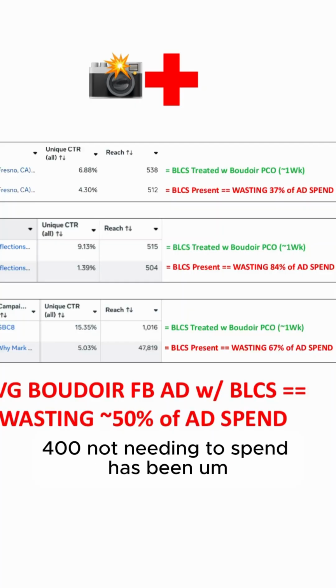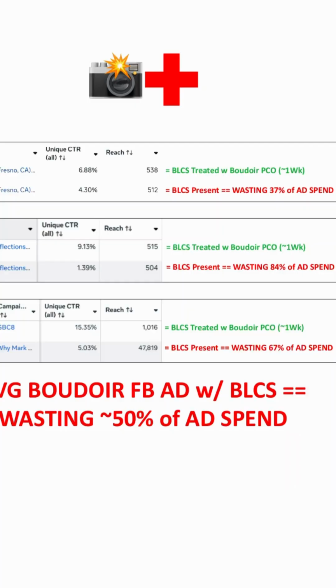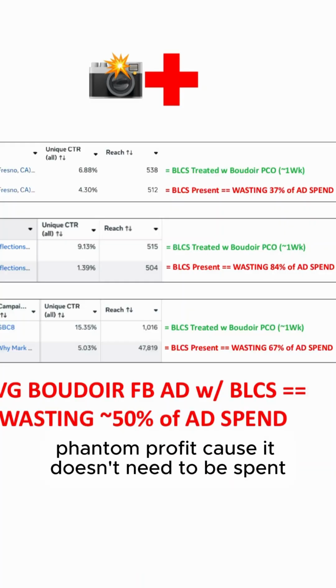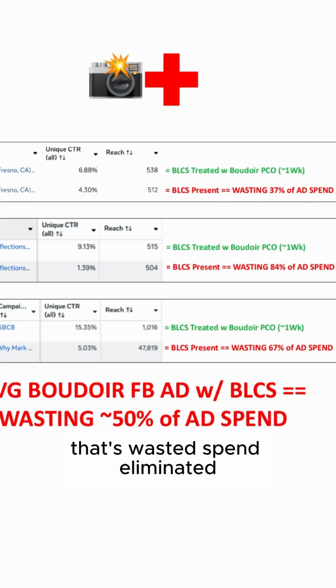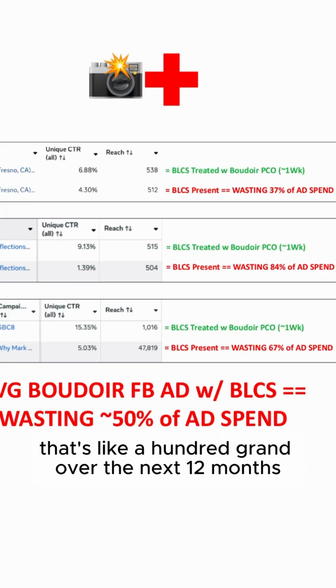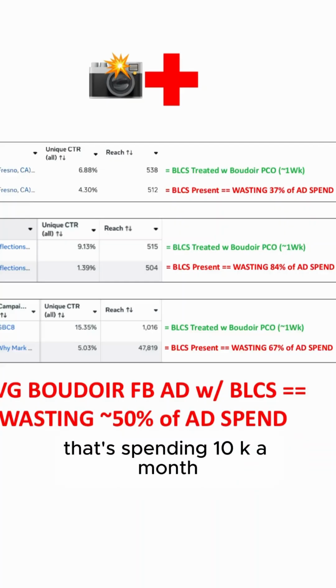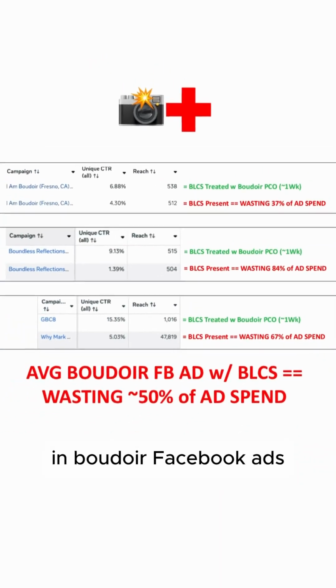So 8,400 not needing to spend has been pocketed back in the phantom profit because it doesn't need to be spent. That's wasted spend eliminated. That's like 100 grand over the next 12 months for the boudoir photographer that's spending 10K a month in boudoir Facebook ads.